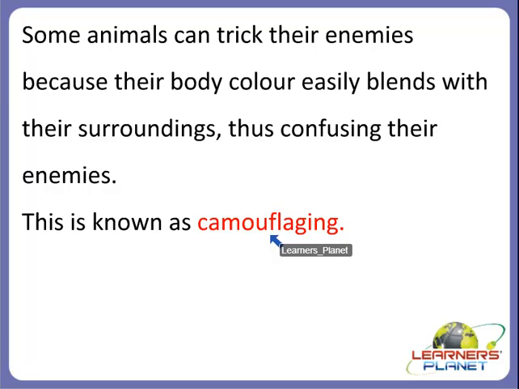Children, you will be amazed to know that the chameleon, a lizard-like animal, can also change its body color according to the surroundings. And even grasshoppers and stick insects are perfect examples of camouflaging, right? So always remember this term.